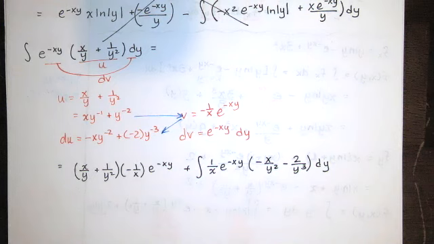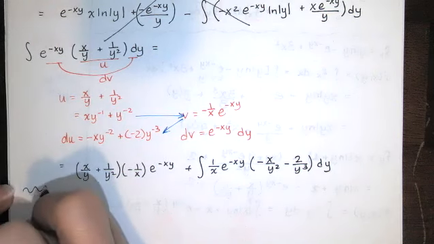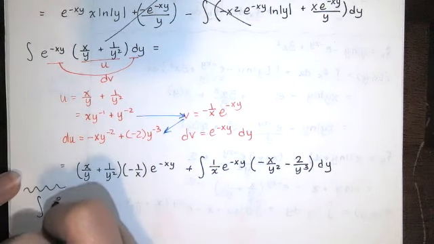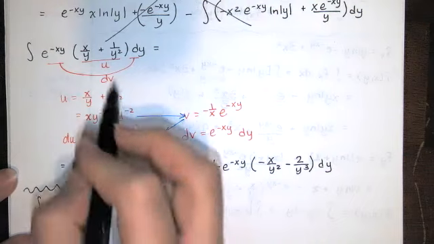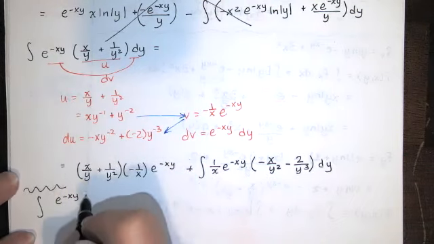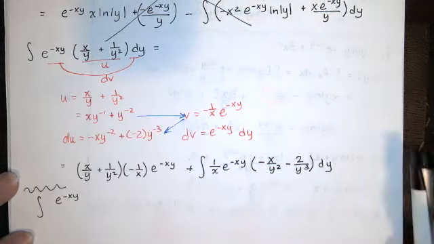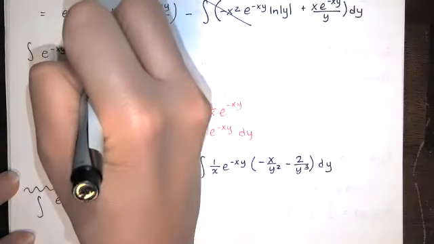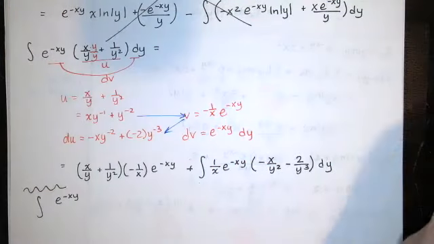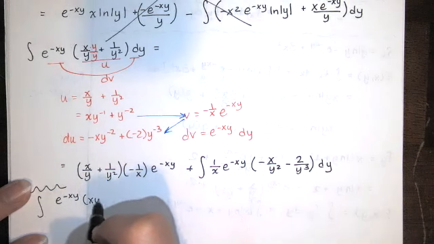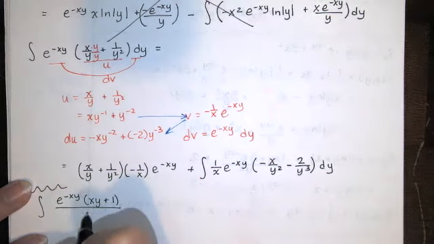Let's think about this. Let's think a lot about this. We've got this integrand. And it looks like an e to the -xy times that. If we get a common denominator by multiplying that one by y over y, we end up with xy plus 1 over y squared down here.